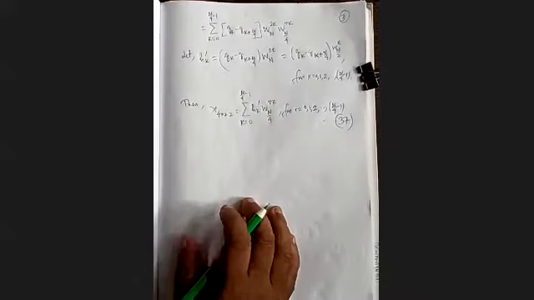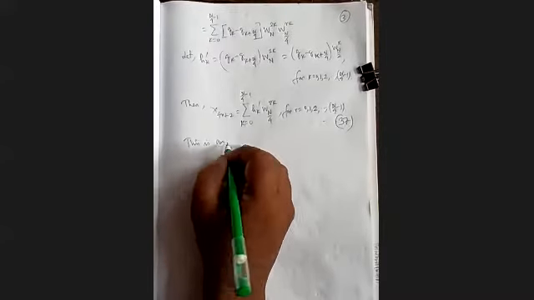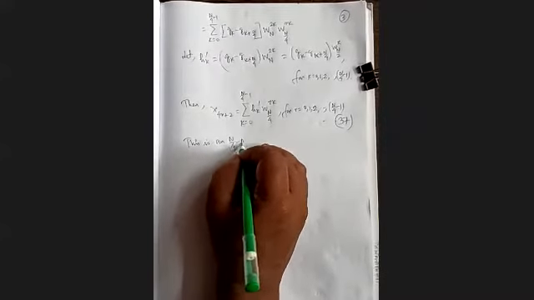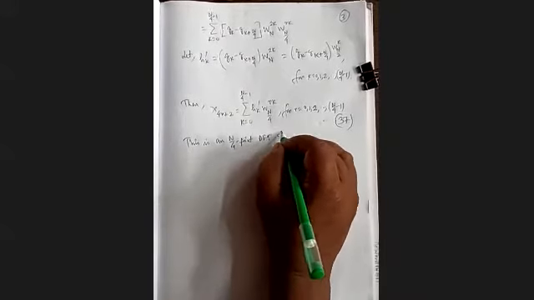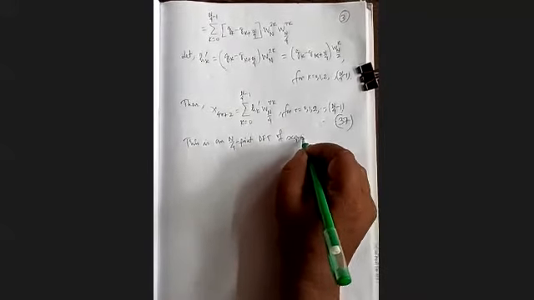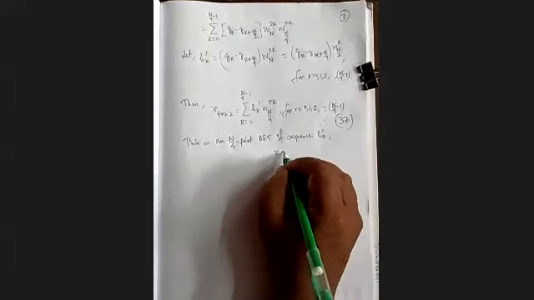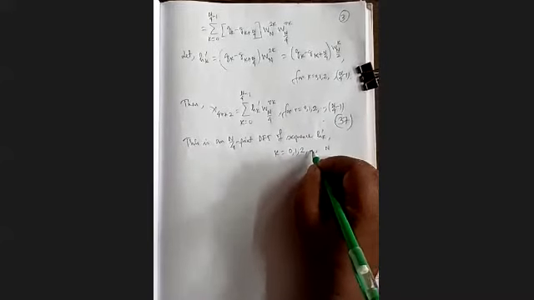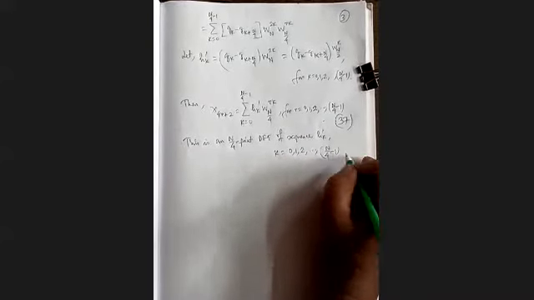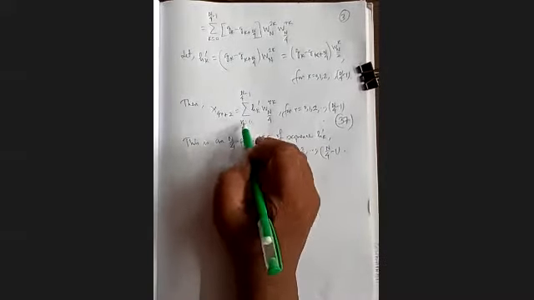Relation 37. Again you see this is an n by 4 point DFT of sequence hk dash, k is varying from 0 up to n by 4 minus 1. So here the base is n by 4 and the number of points also is n by 4.